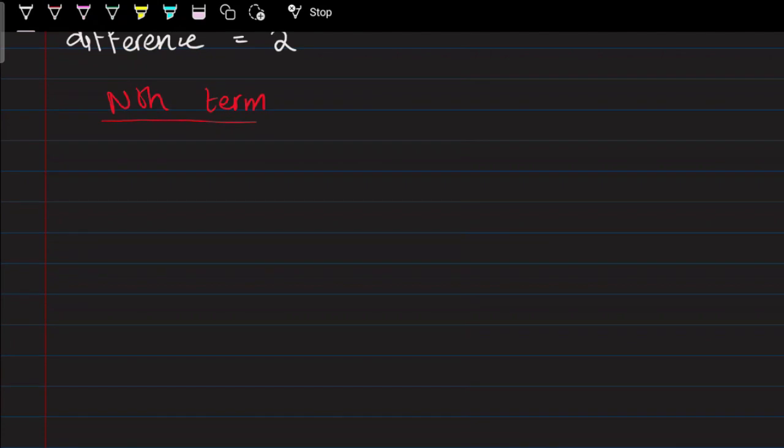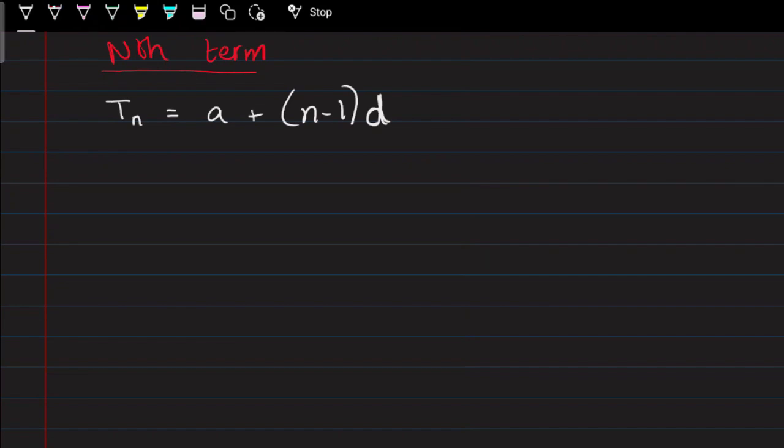First I just want you to get to know the formula. The nth term we can write as Tn, where n is in the subscript, equals a plus bracket n minus 1 into d. And now I'll explain what each of these things are.